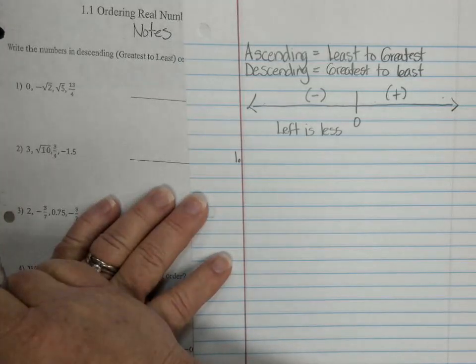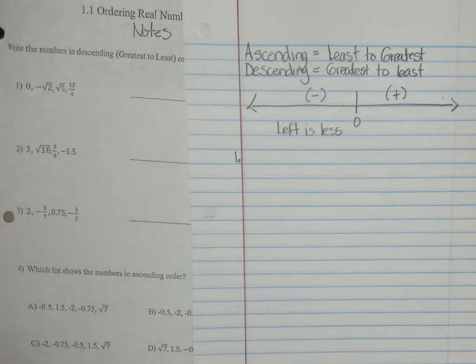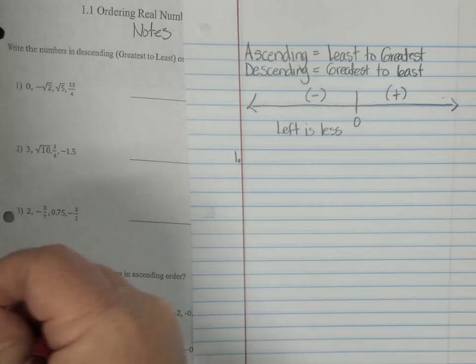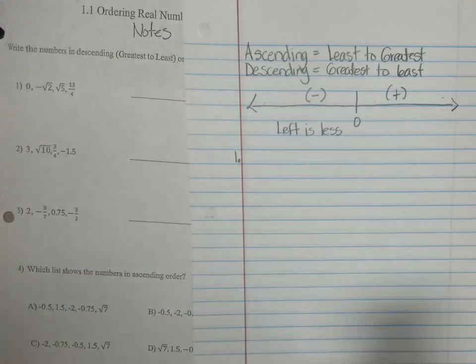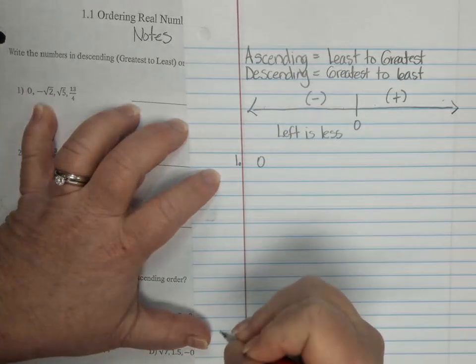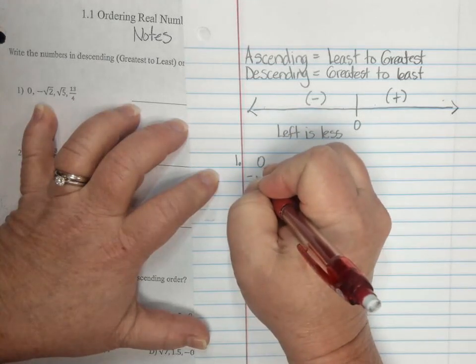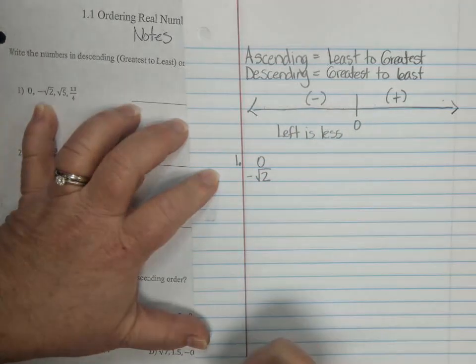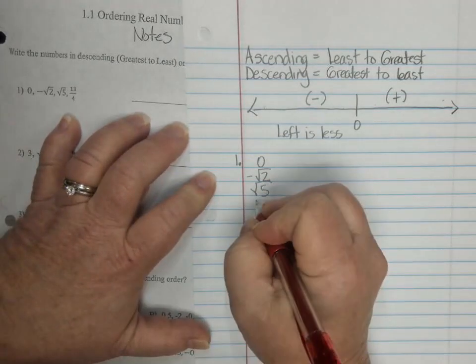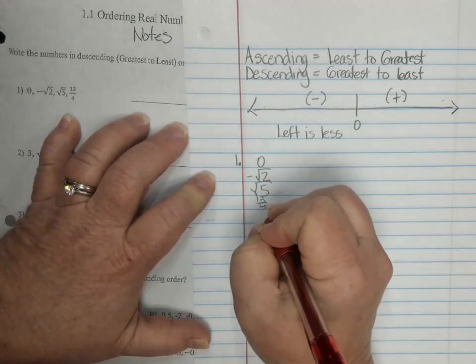I do have some graphic organizers that are available that I will give you out, and you may use those as boxes to keep things lined up, or you can do it this way. So I'm going to put them in the same order they are there. 0, negative square root of 2, square root of 5, and 13 over 4.